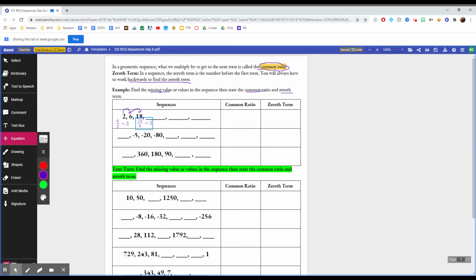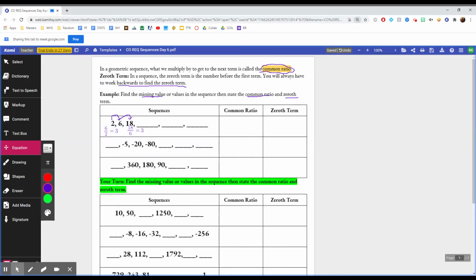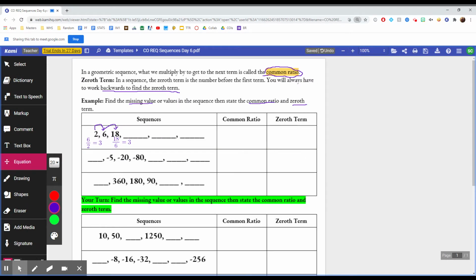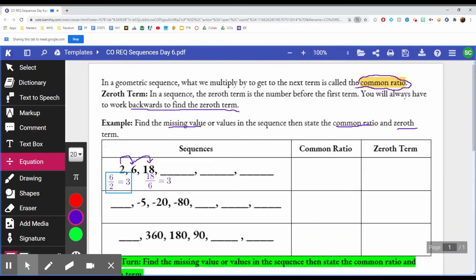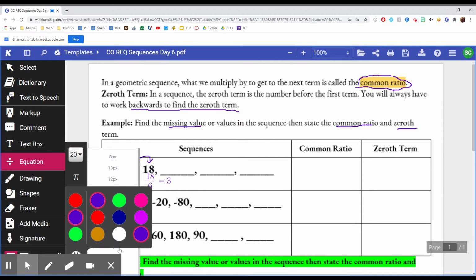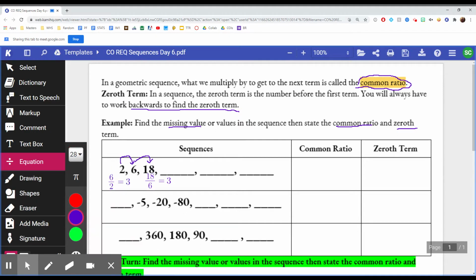If you notice, I have 3 and 3, which tells me that my common ratio should be 3. So I can say the common ratio is 3, and we are multiplying by 3.